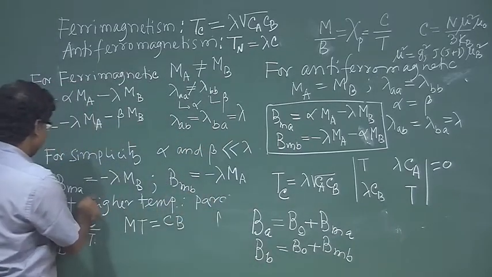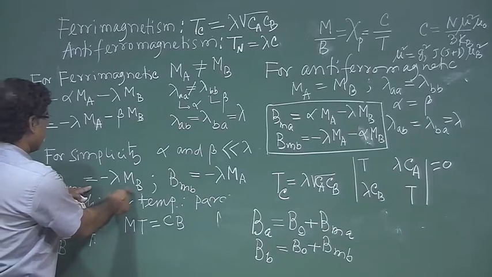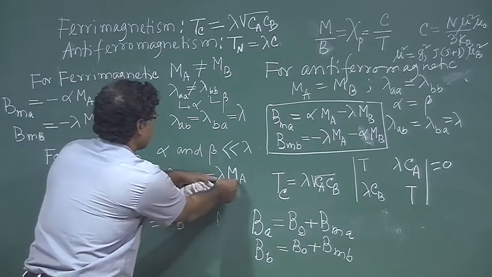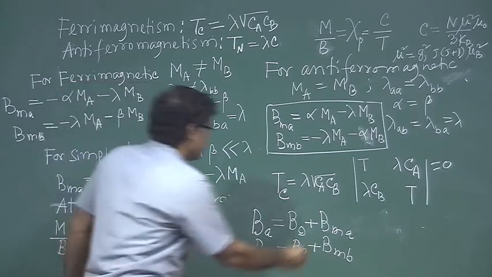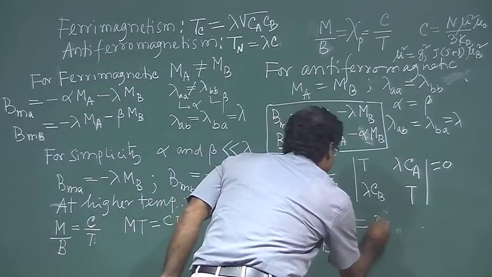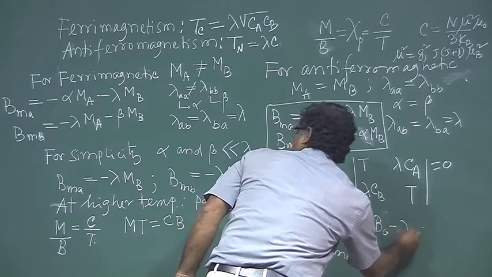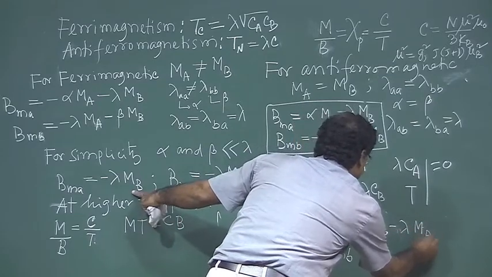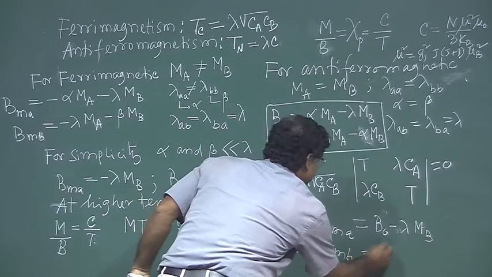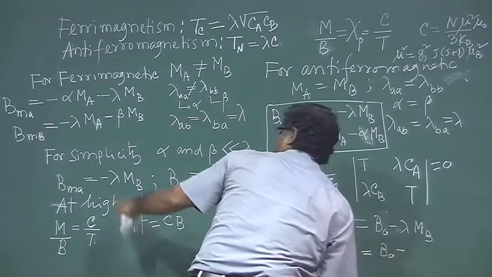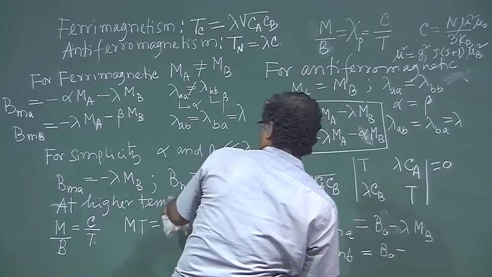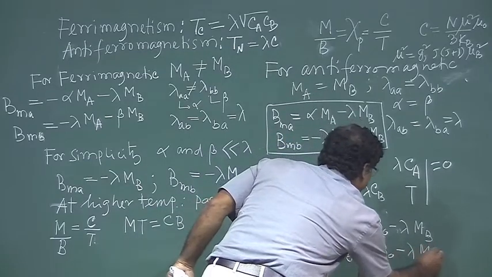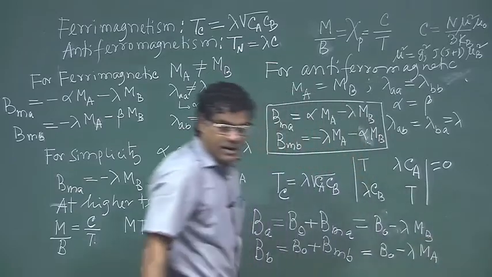In this case also, if we consider that B_MA is lambda M_B and B_MB is lambda M_A, you will get B_0 minus lambda M_B, and in this case you will get B_0 minus lambda M_A, right.